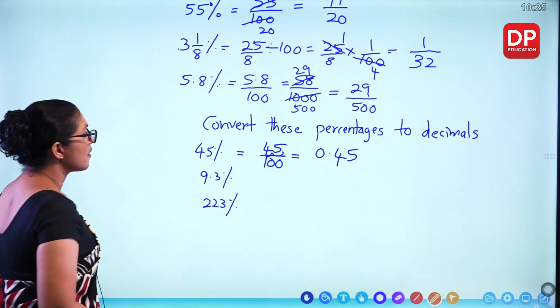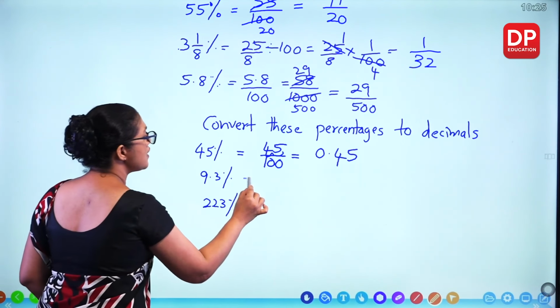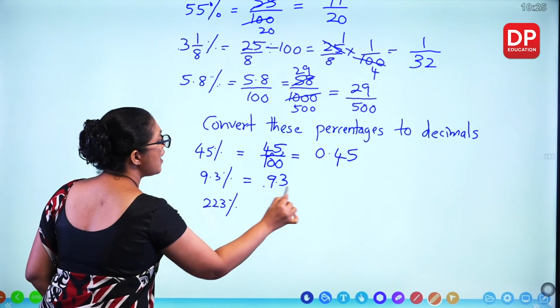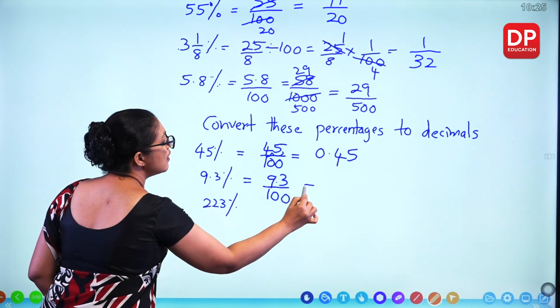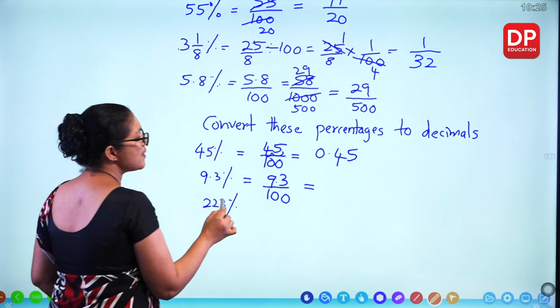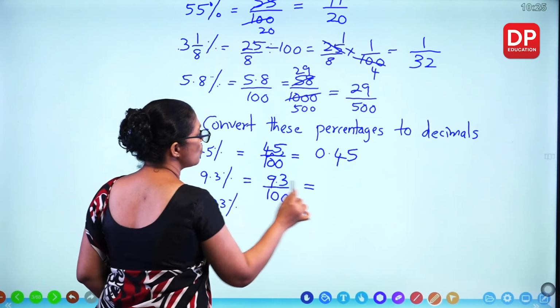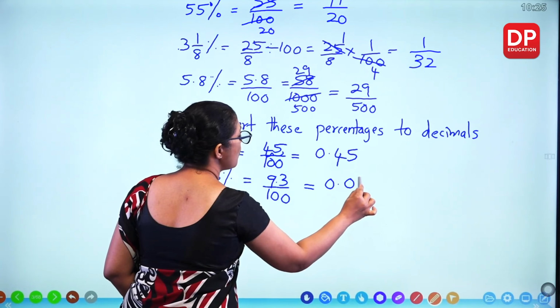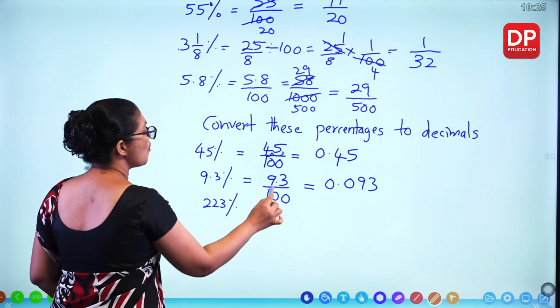Then 9.3 divide by 100. So again divide by 100 means move this decimal place 2 places to the left. 1, 2. 0.093.